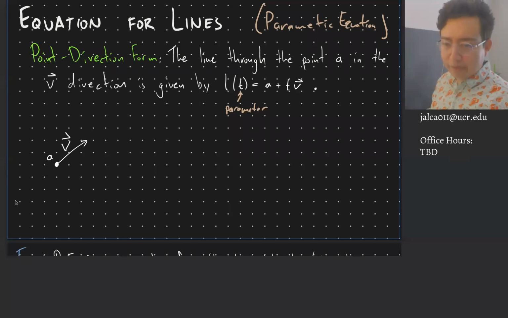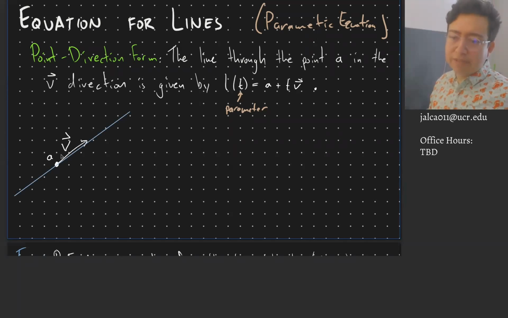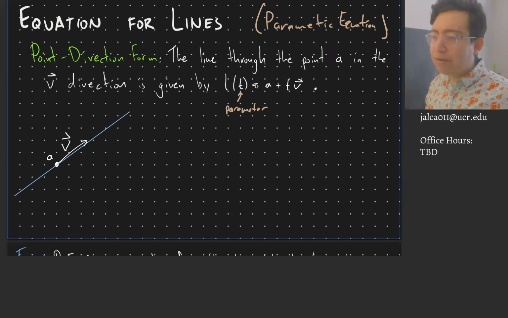So you have something like that there, and you have this V direction. The question is, how do I get an equation for everything you see here in blue in terms of A and V?